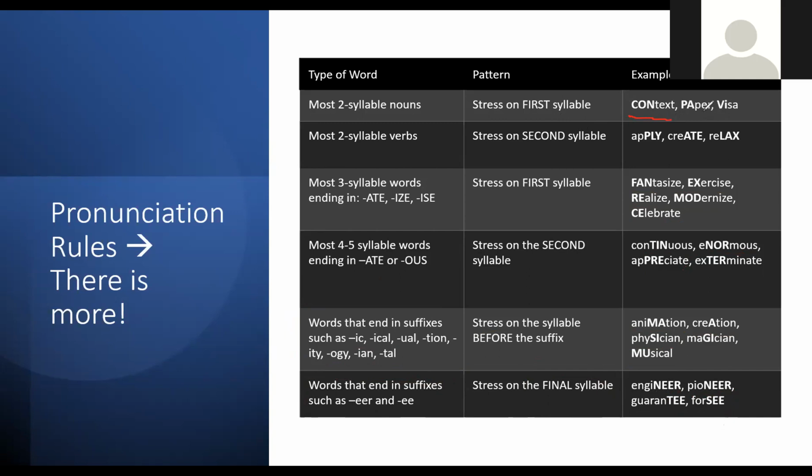Context. Paper. Visa. Apply. Create. Relax. Fantasize. Exercise.